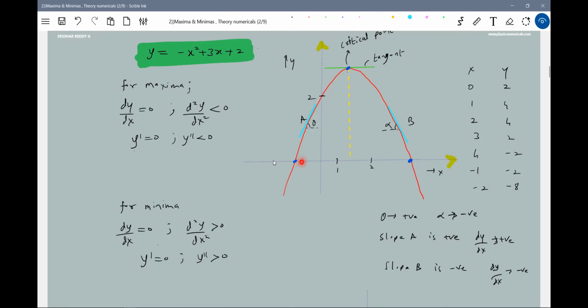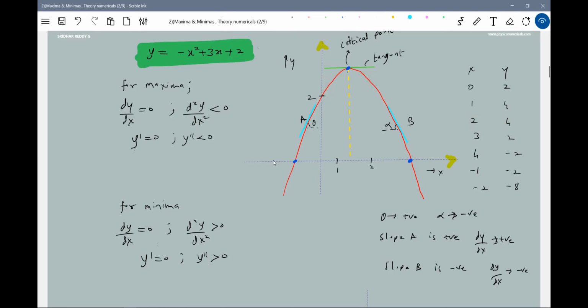If you want to work that out, you can, but I'm more interested in explaining some other idea. For x equals 0, 1, 2, 3, 4, I get the corresponding values of y. Put x equals 0, y will be 2. X equals 1, y will be 4. X equals 2, again it is 4.